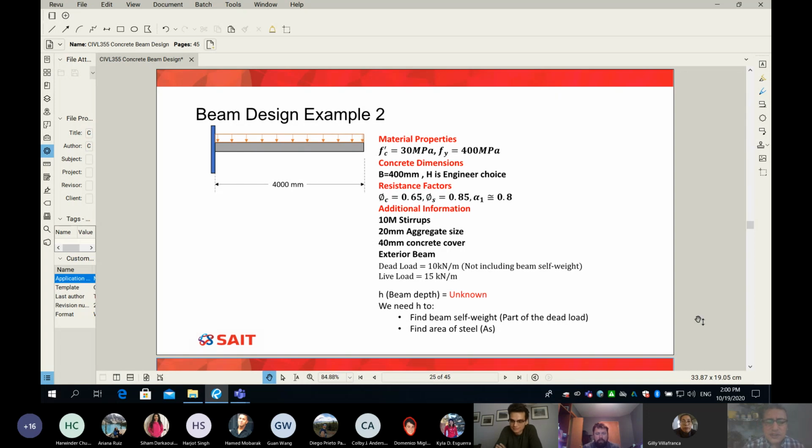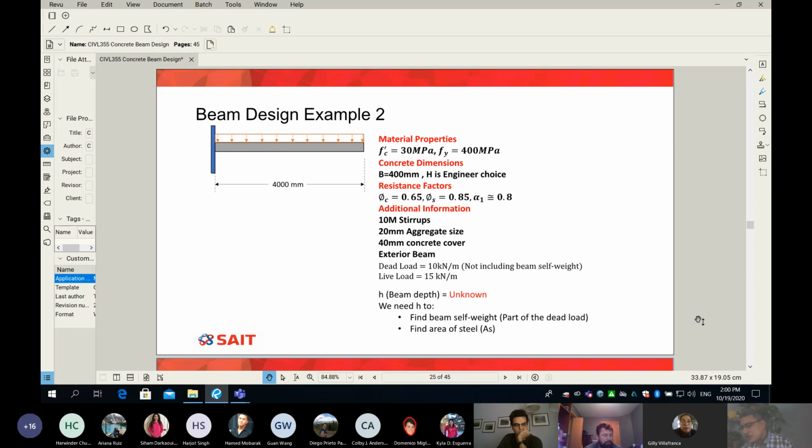So material properties in red here means I'm just trying to classify the information given to you. For the material properties, we're using a 400 grade rebar, concrete with 30 MPa. Concrete dimensions: the width of the beam is equal to 400, while the H is unknown.